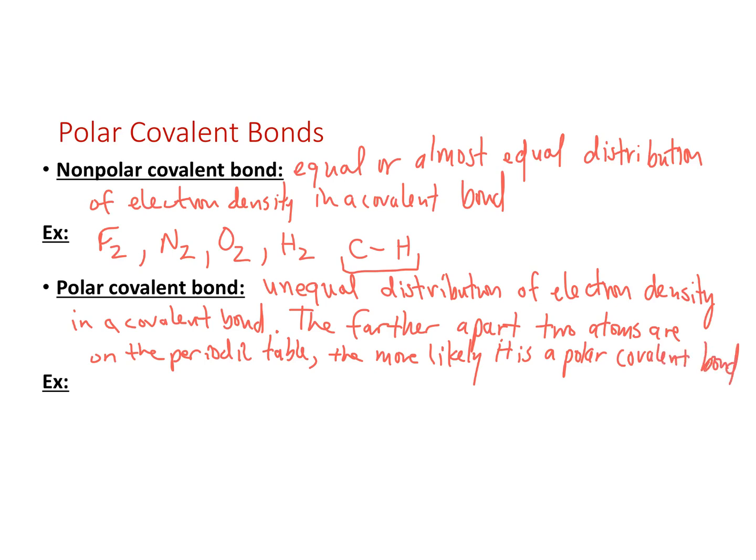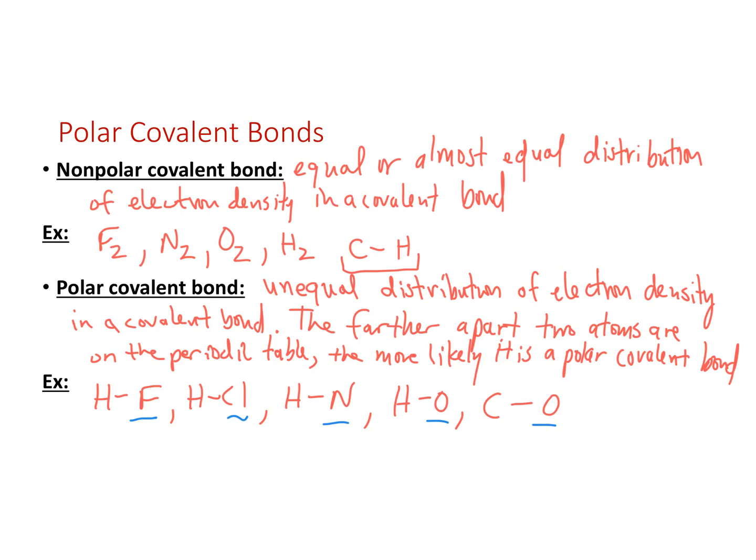Common examples that we'll see: we already saw HF, but HCl is also a polar covalent bond. Things like a hydrogen-nitrogen bond, or a hydrogen-oxygen bond, or a carbon-oxygen bond. All of those would be polar covalent bonds because in this case, fluorine is more electronegative than hydrogen. Chlorine is more electronegative than hydrogen. Nitrogen is more electronegative. Oxygen is more electronegative. And oxygen is more electronegative than carbon as well.